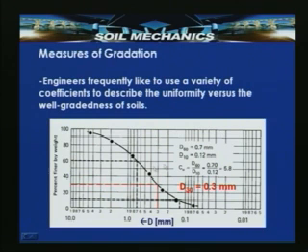So, this indicates that this typical grain size distribution curve represents a well graded soil, because the value of Cu is greater than 4 and Cc is in the range of 1 to 3, that indicates that the soil is a well graded one.